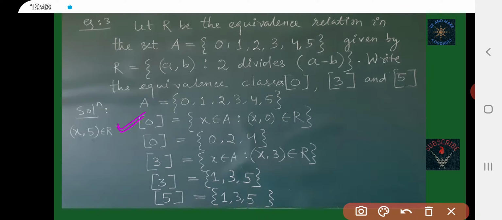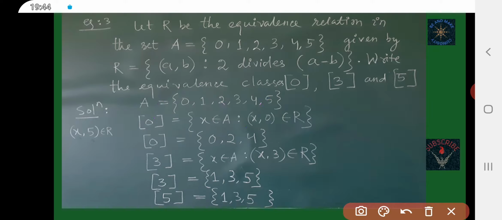That means the x belongs to A, the elements of set A such that x is related to 0, where this ordered pair belongs to the relation R.